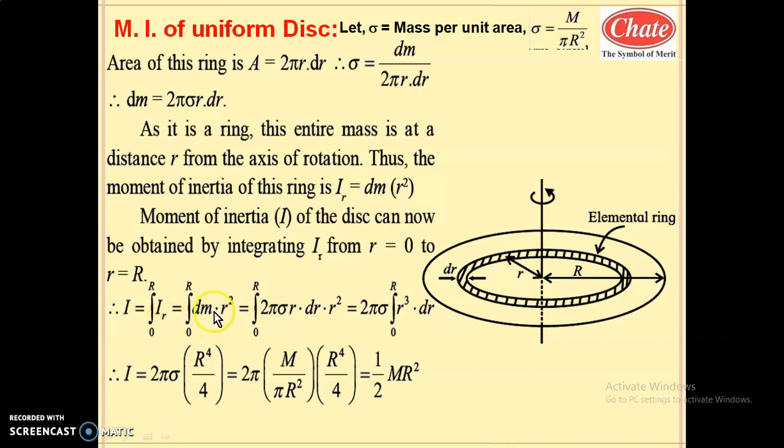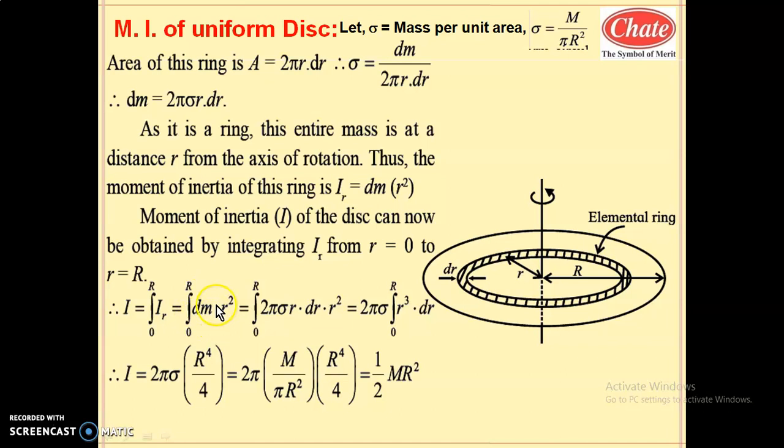But here dm is not constant. Here small r is also not constant, it varies from 0 to capital R. Here nothing is constant, hence we cannot take anything outside the integration.